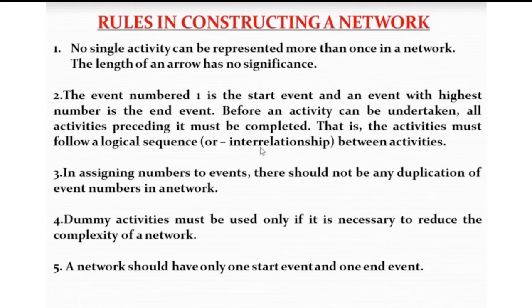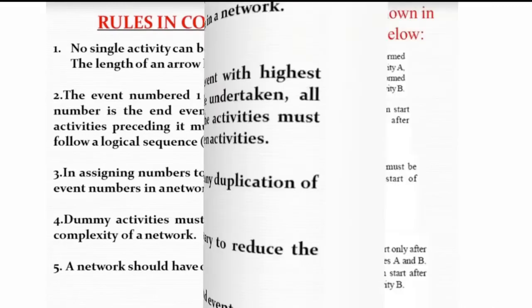Number 4, dummy activities must be used only if it is necessary, to make the network logical and to reduce the complexity. A network should have only one start event and one end event. That's number 5. So these are the rules in constructing a network.